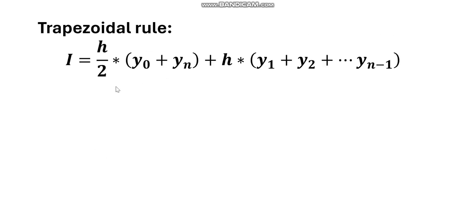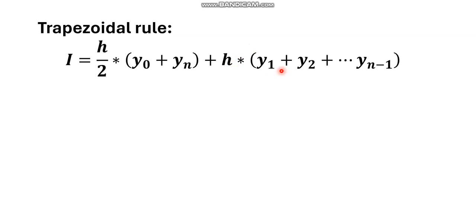So this is the trapezoidal rule formula. I is equal to h by 2, where h is the step size. y naught is the function value of y at x naught, which is the initial value of x, and yn is the function y value at xn, which is our final or last value of input x.